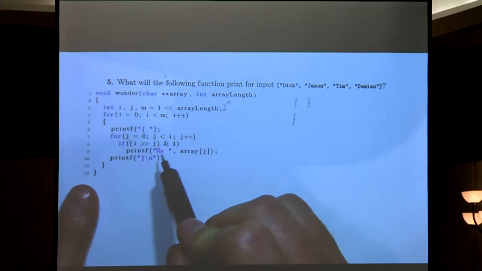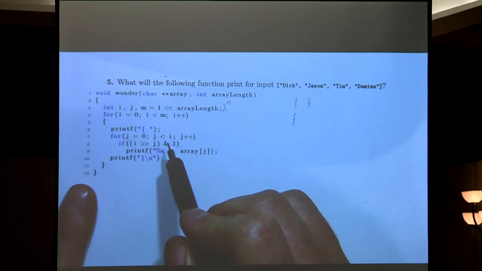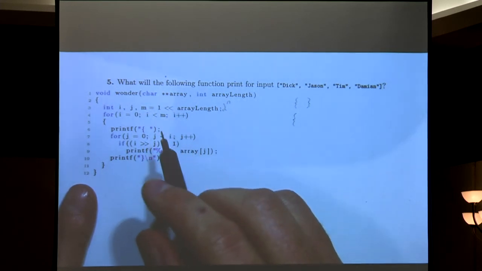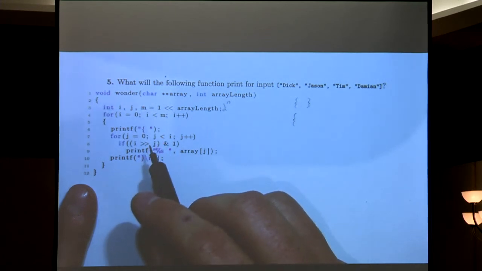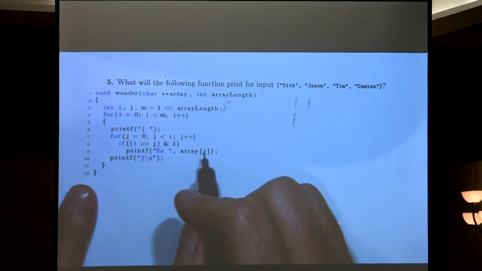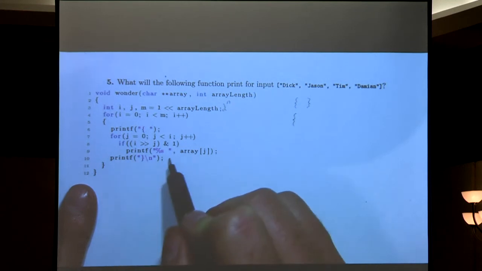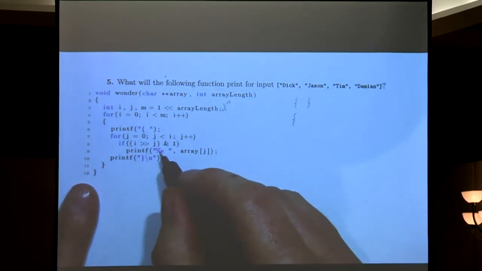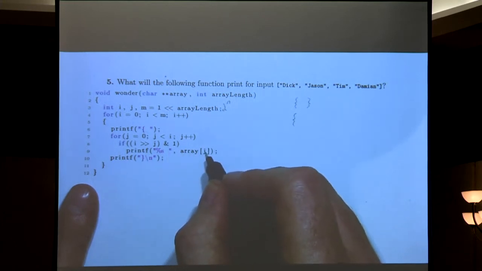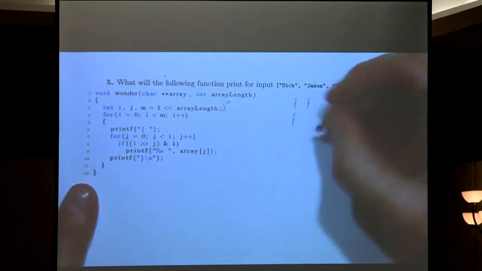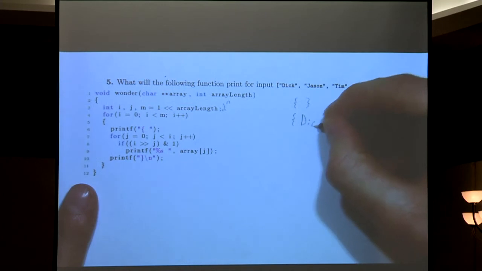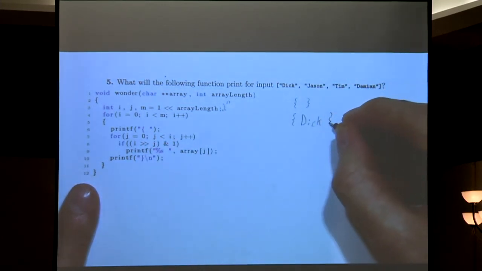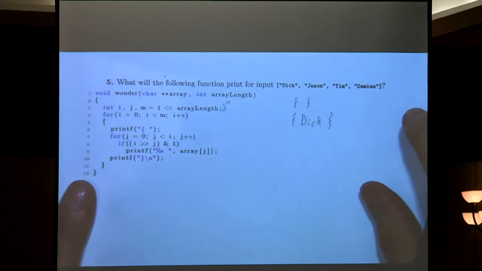So 1 and 1, 1 bitwise and 1 gives us 1. If 1, which is true, then we're going to print j. And j is 0, the first element, Dick. Okay, so we print Dick. And this loop is only going to go once, so we get out and we close the curly brace.